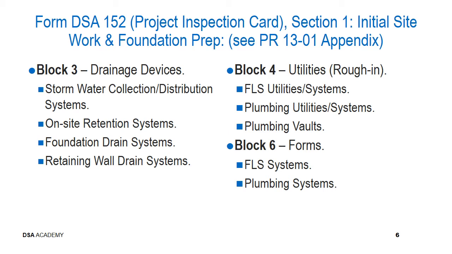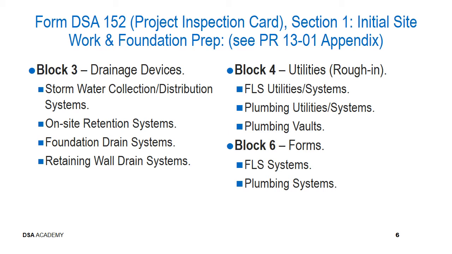Block 4, which is designated for utilities rough-in, may see fire life safety utilities and systems, plumbing utilities or systems, and plumbing vaults. Block 6, which is set aside for concrete forming, may require initialing for fire life safety system construction or plumbing systems. Remember that the DSA 152 provides documentation of a project inspector's inspection status relating to fire life safety, structural safety, and access compliance issues.